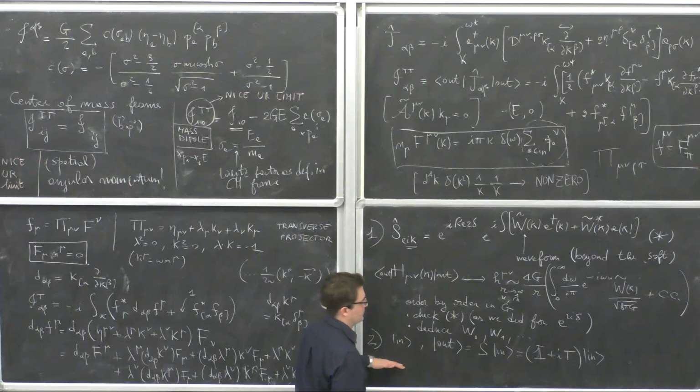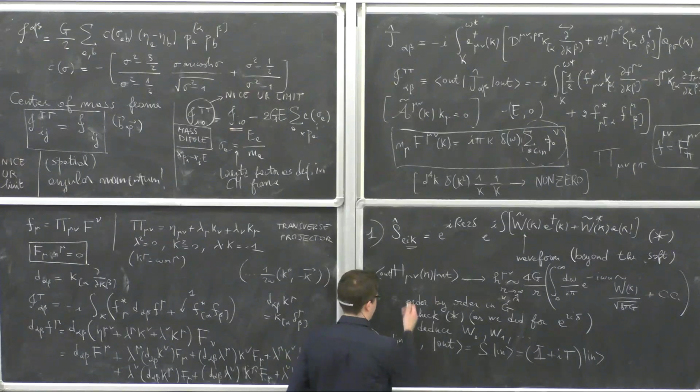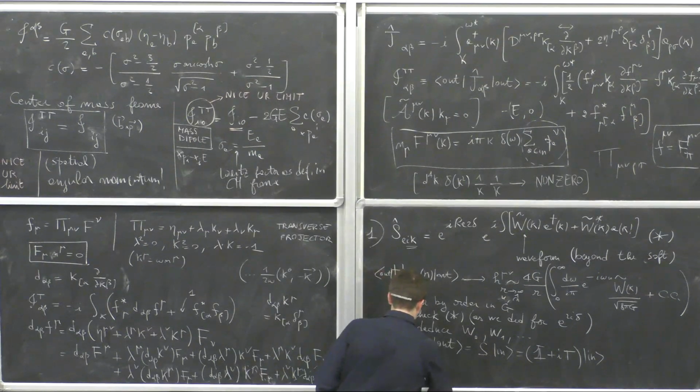And directly use it to calculate some observables. So for instance, if you're interested in the waveform, you would now insert, again, this h mu nu in the out state.